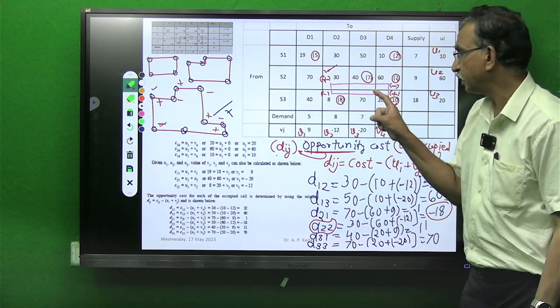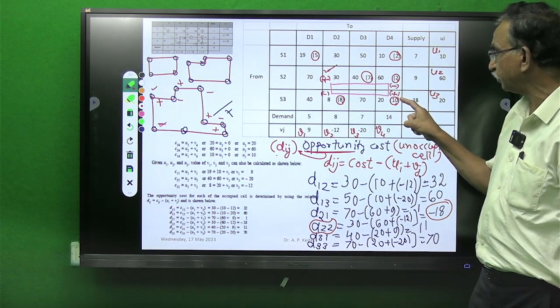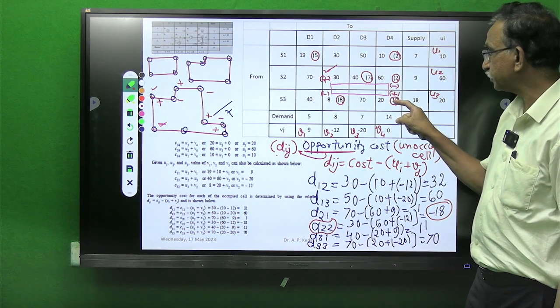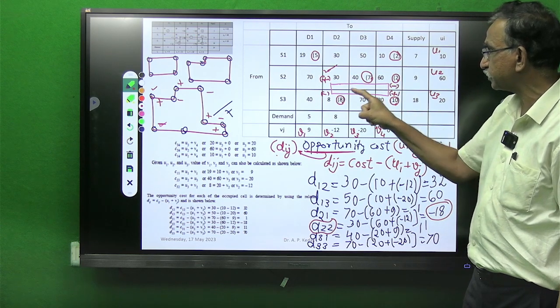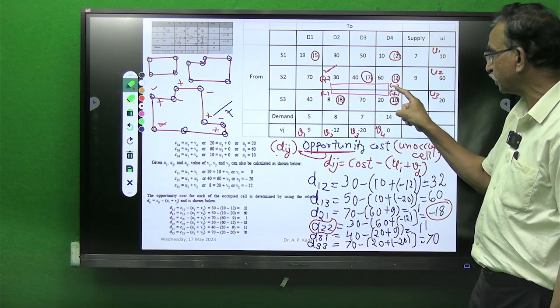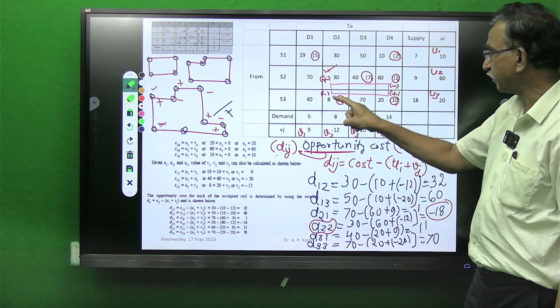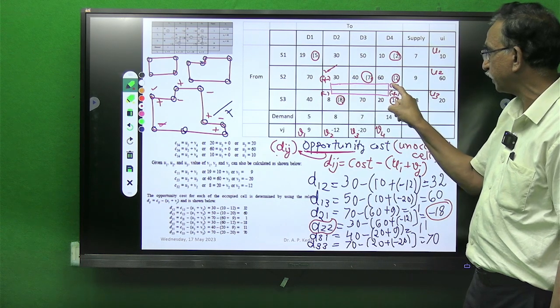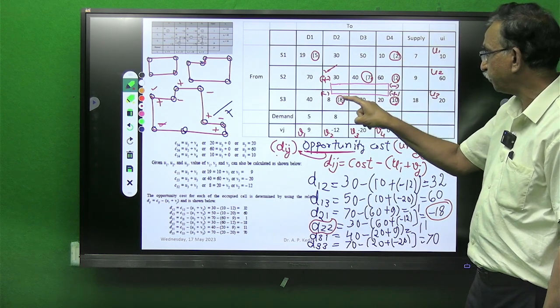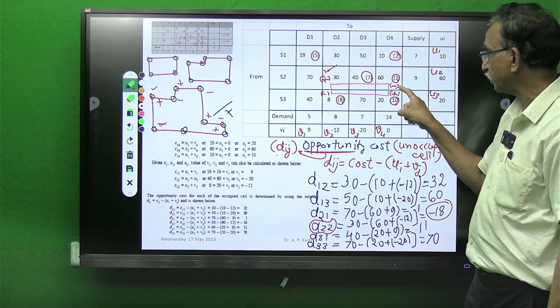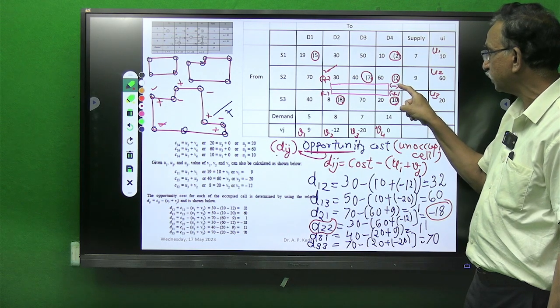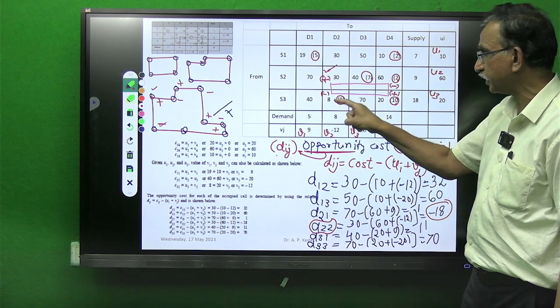Very important step. Identify the allocated value from the cells where you are having a minus sign. For this particular loop, we are having a minus sign in this cell and a minus sign in this cell. What values are there for allocation? This is 12 and this is 8.